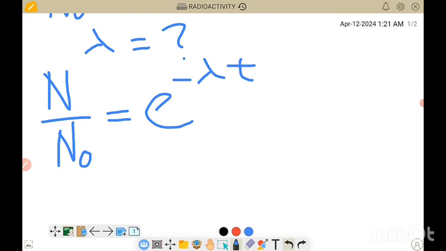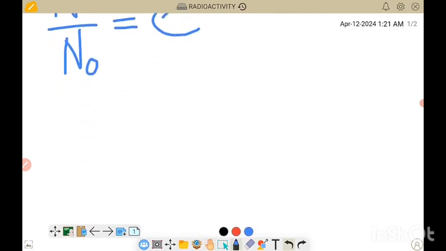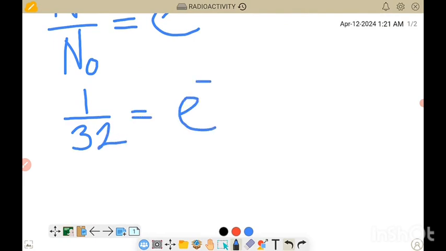According to the question, N over N naught is 1 over 32. Now we can say 1 over 32 will be equal to exponential minus lambda t, and t is given as 110 in this question.